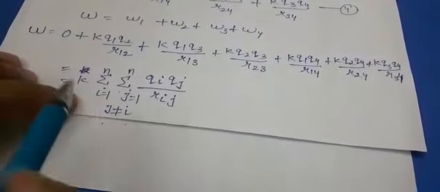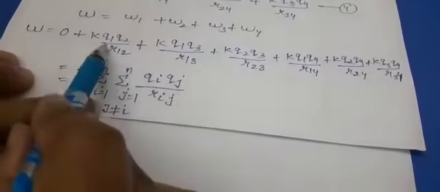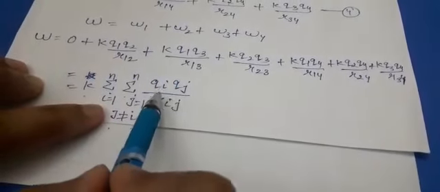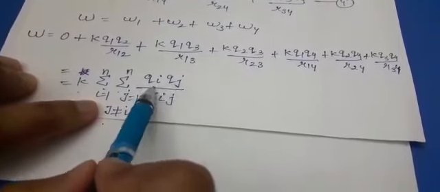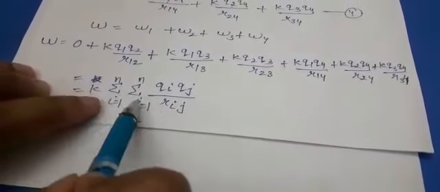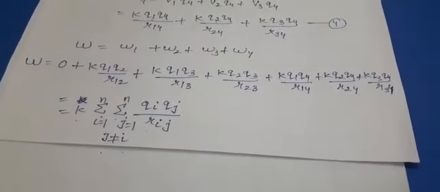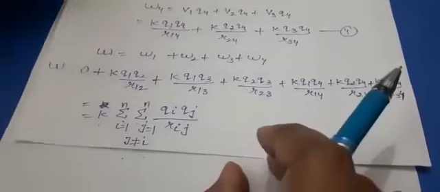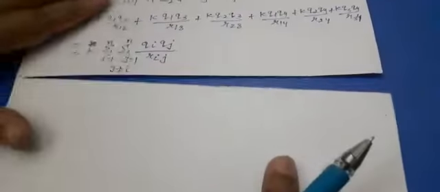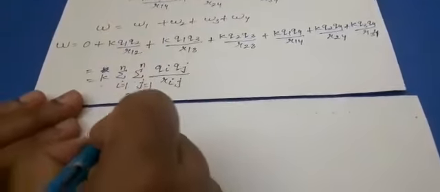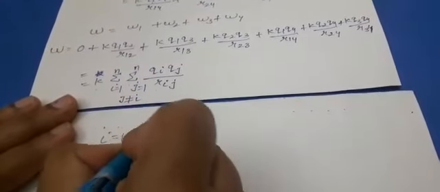I have taken K common, then Qi Qj upon Rij, where the suffixes i and j are variables, so we have taken the summation over both. Now what is the meaning of this? Let me take, from this relation, suppose i is equal to 1 and j is equal to 2.